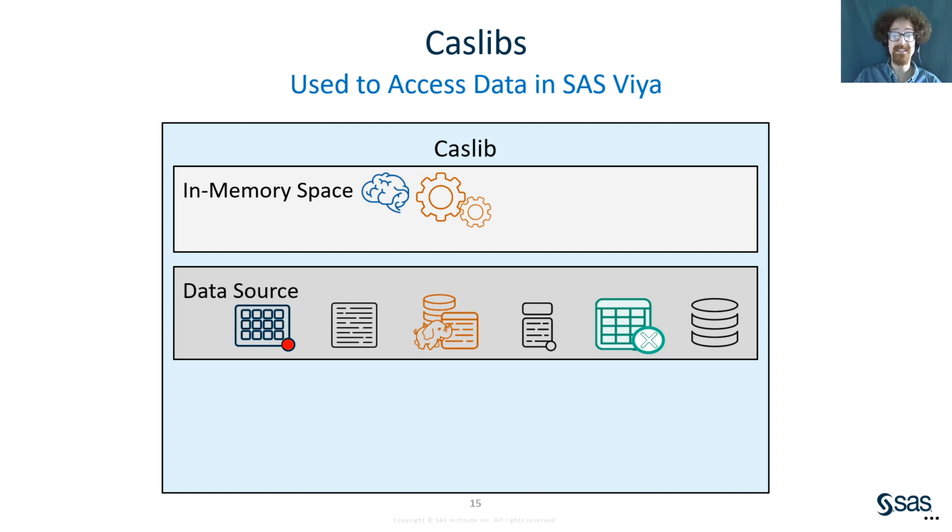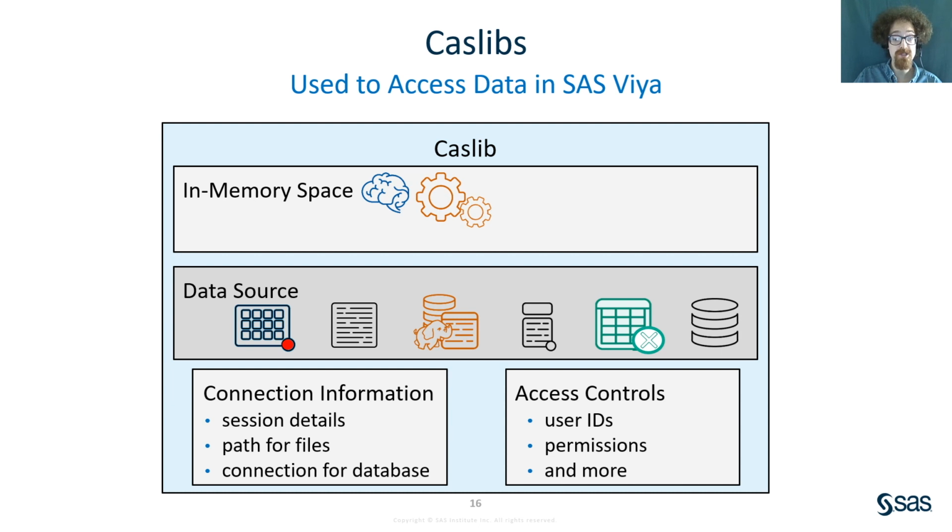The disk data source can be in the form of SAS datasets, CSV files, Excel worksheets, database tables, SAS HDAT files, and others. Sometimes these objects can even be images or audio data for doing deep learning. Caslibs also include authorization information, such as user IDs and permissions to control access to data and other resources.